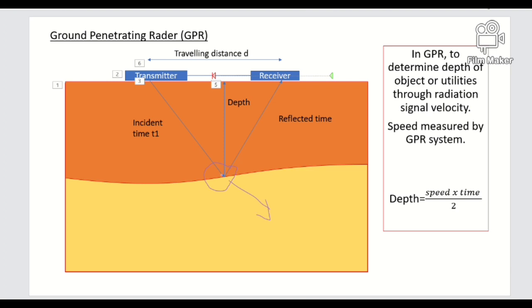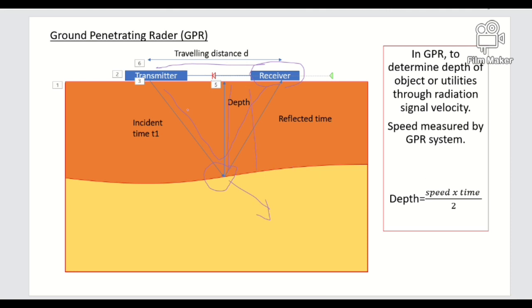But the reflected wave will cross one path of one length, and we have to measure the depth of the subsurface or layer. So the time can be detected through the receiver, and the distance traveled between transmitter and receiver is also calculated. Then we can determine the depth of the layer.